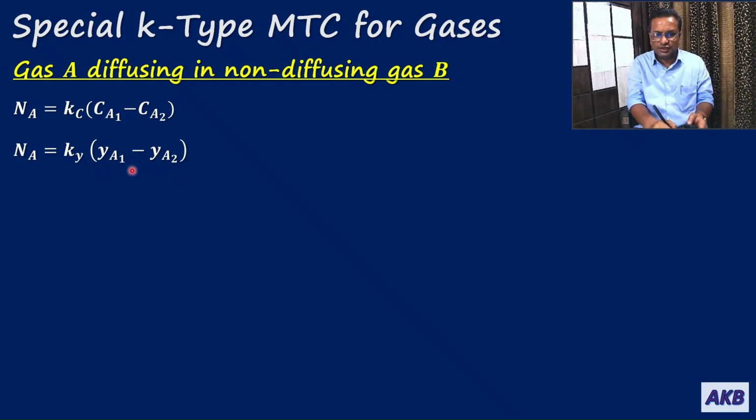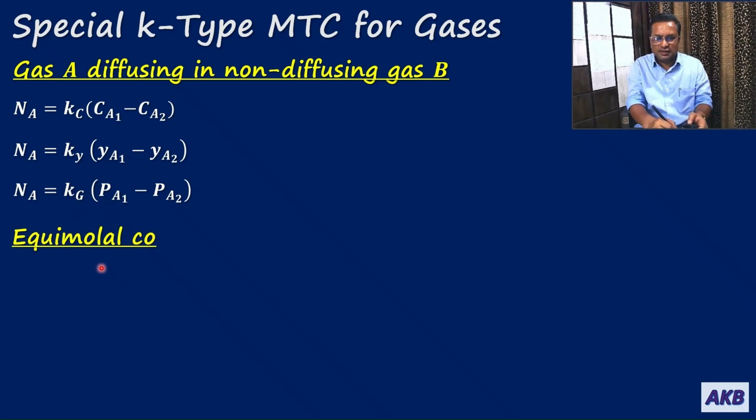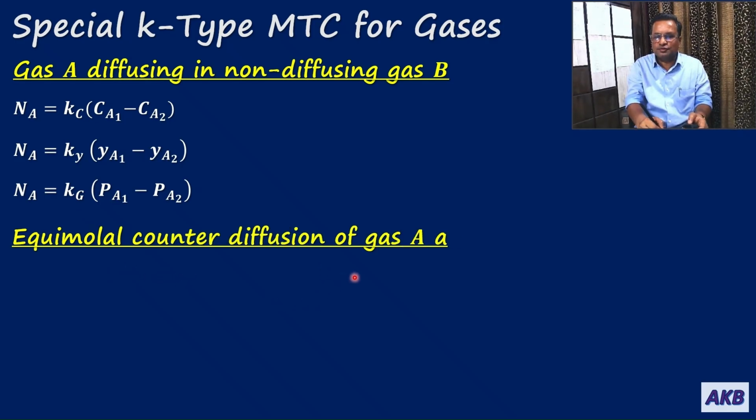The driving force or concentration gradient is mole fraction difference, and the mass transfer coefficient is Ky. Then Na is equal to Kg into Pa1 minus Pa2. The driving force is in terms of partial pressure difference, and in that case the mass transfer coefficient is Kg.